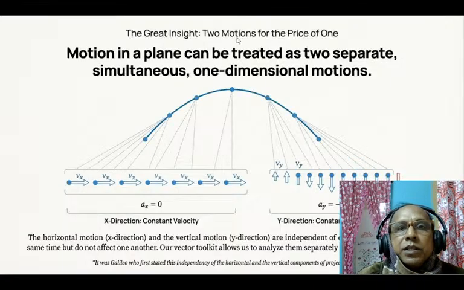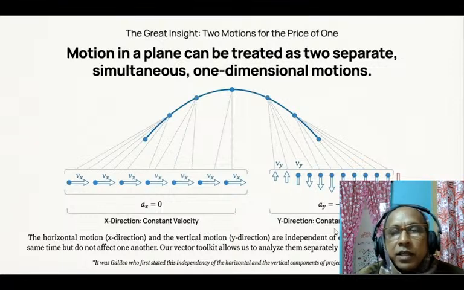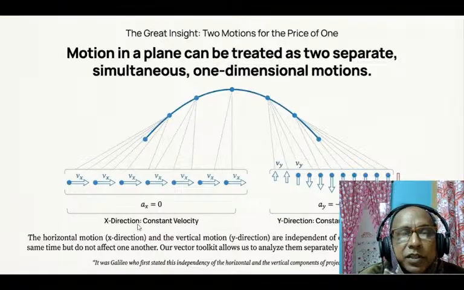the great insight: two motions for the price of one. Motion in a plane can be treated as two separate simultaneous one-dimensional motions. You see here, this is Vx, with ax equal to 0, and this is Vy, with ay equal to minus g. In x direction, constant velocity; in y direction, constant acceleration.